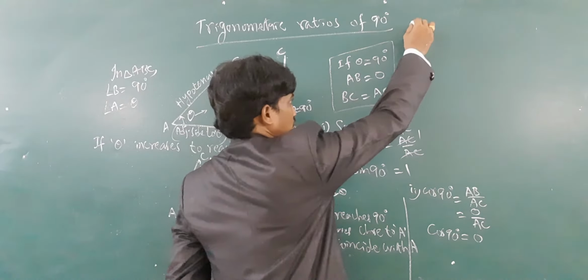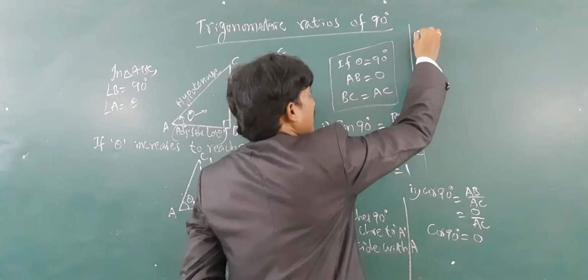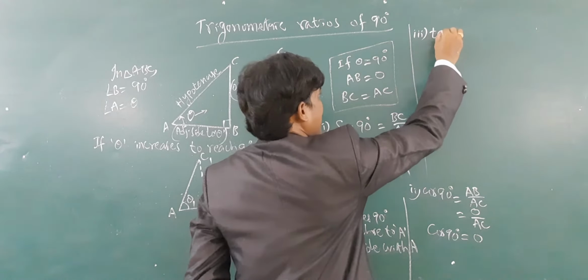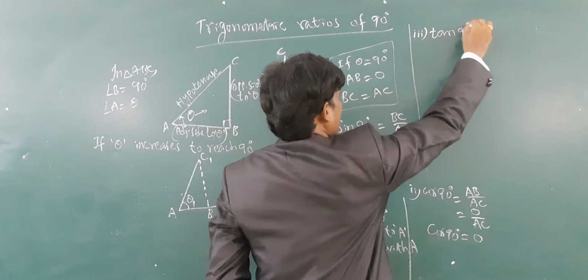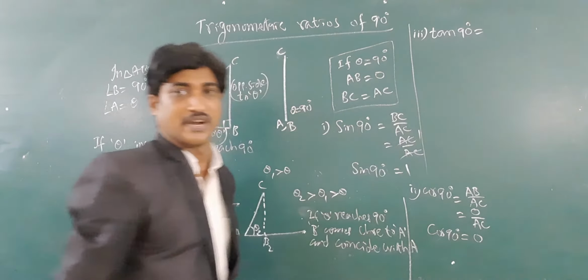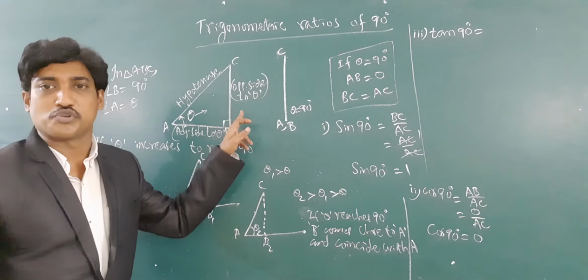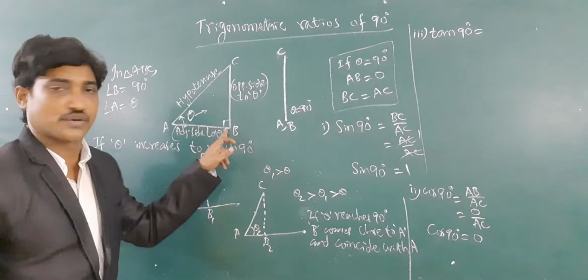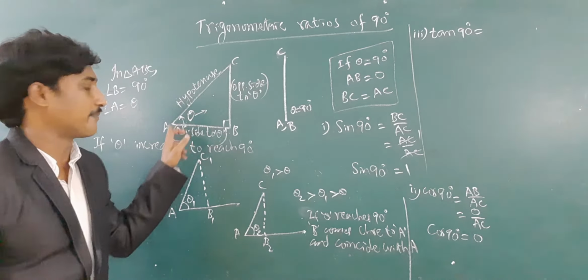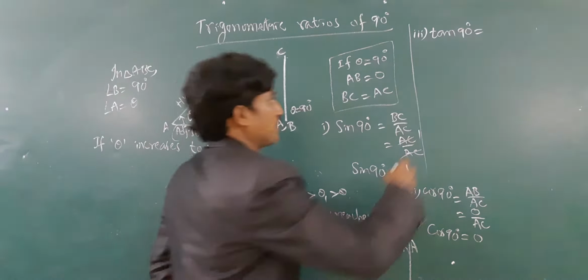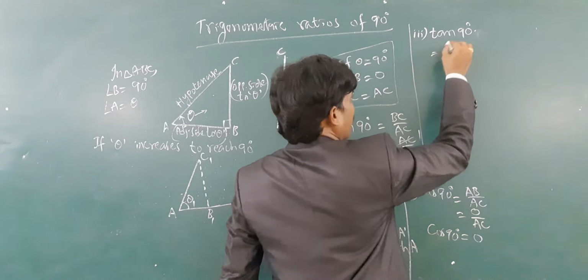Remaining trigonometric ratios. Tan 90 degree. Tan theta is opposite side to theta by adjacent side to theta, that is BC by AB.